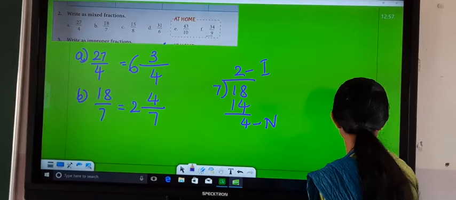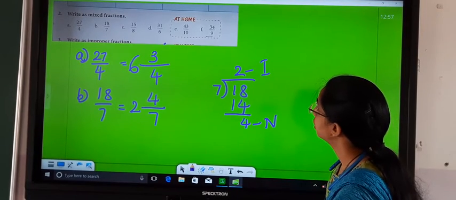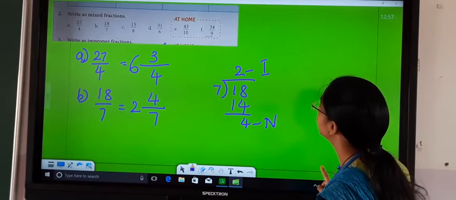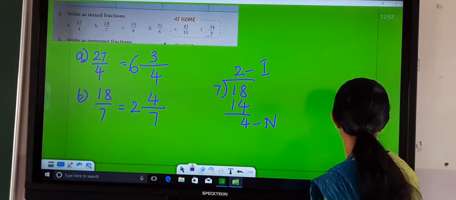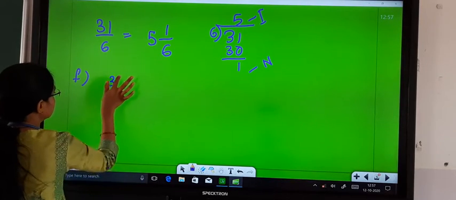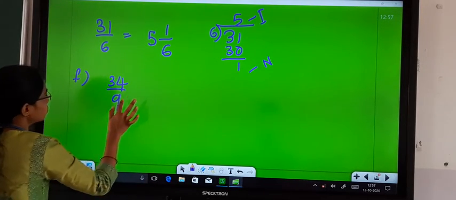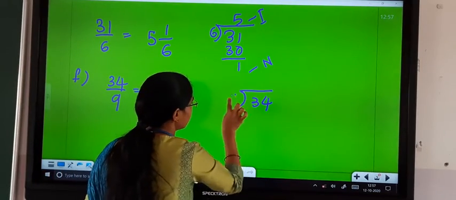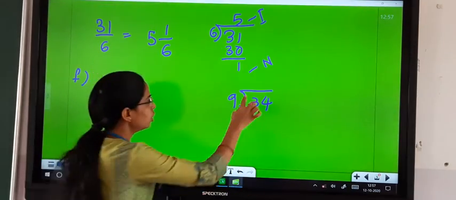Clear? One more I will solve. F is 34 by 9. So divide 34 by 9. 9 3s are 27.